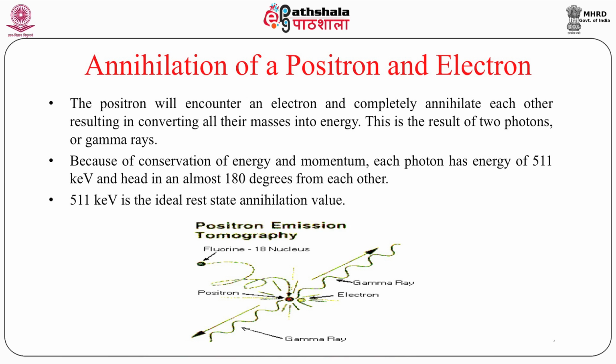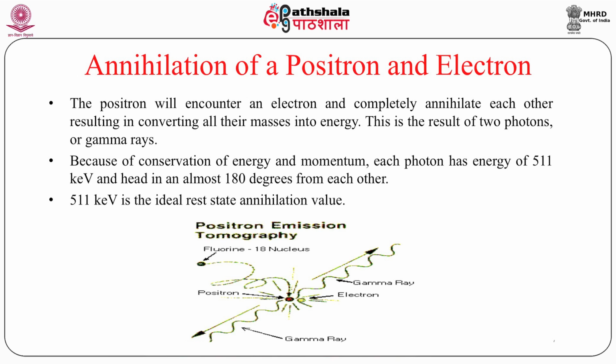Now this slide shows how the annihilation takes place and how the two photons come out at 180 degrees. It is in the nature of the positron that it hardly moves 1 or 2 millimeters in tissue before it interacts with an electron all around it. The positron and electron completely annihilate each other, converting all their mass into energy, which results in two photons or gamma rays.